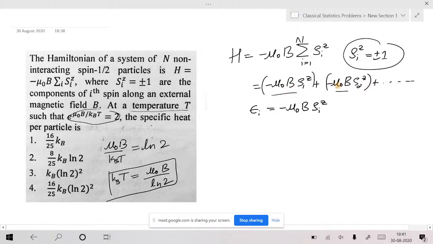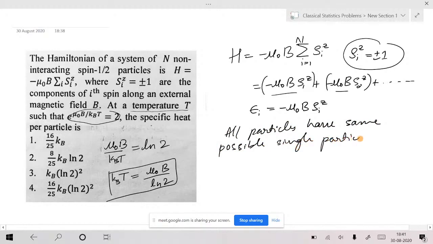So all particles have the same possible single particle energies, and the total energy is the addition of single particle energies, additive.